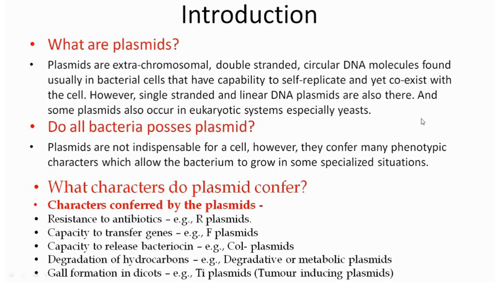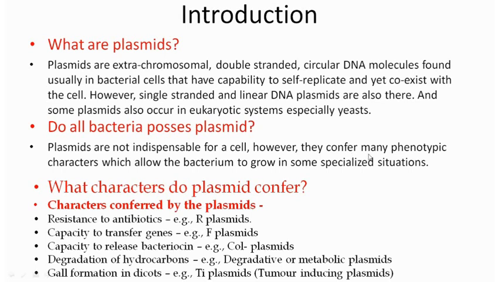So do all bacteria possess plasmids? The answer is no. Plasmids are not even indispensable for the bacteria that possess them. The bacteria can well survive without the plasmid. So it is an extra facility that the bacterial cell gets by having a plasmid to survive in a particular environment.